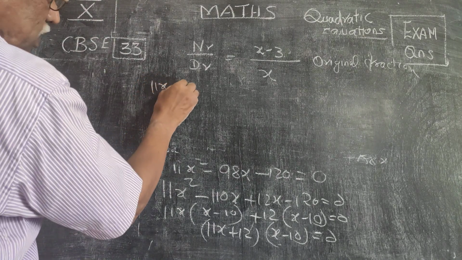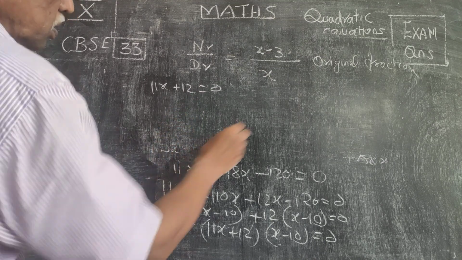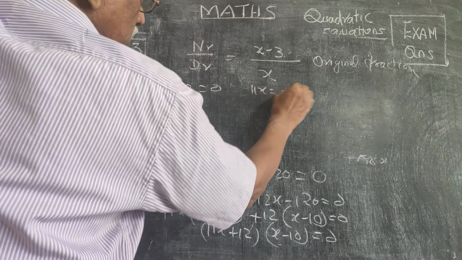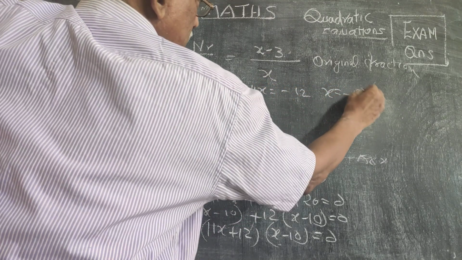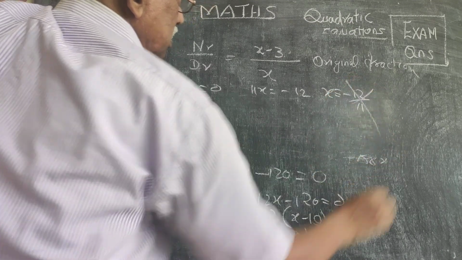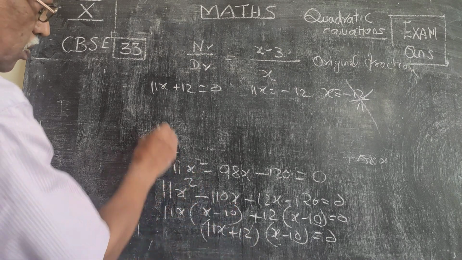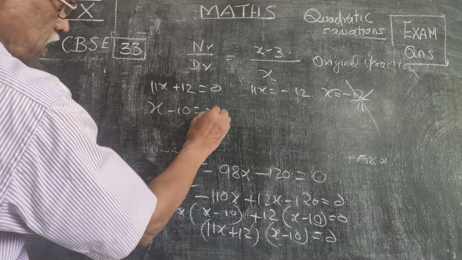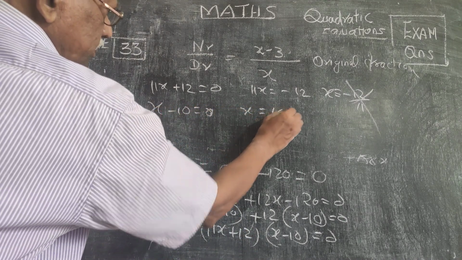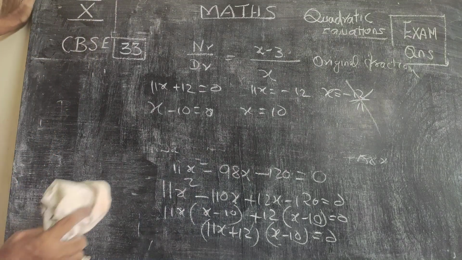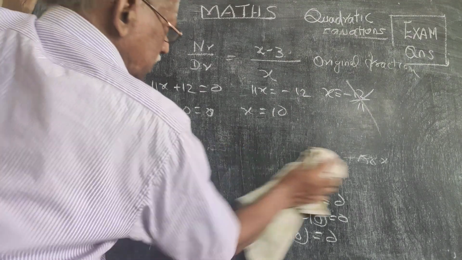Therefore 11x plus 12 equal to 0, which means 11x equals minus 12 and x is equal to minus 12 by 11. We are not taking that. Another one, x minus 10 equal to 0, therefore x equal to 10. The other is a negative number, so I have omitted that.